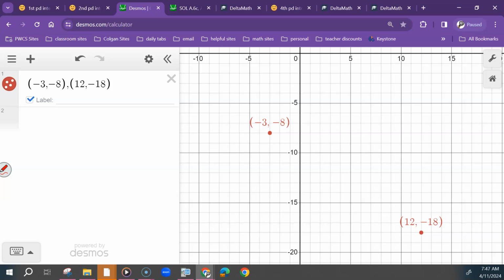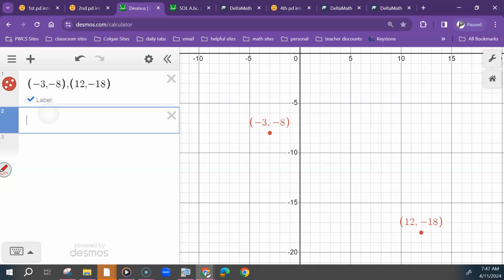Okay, and then I have to count the slope. So I'm going down 1, 2, 3, 4, 5, 6, 7, 8, 9, 10, over 1, 2, 3, 4, 5, 6, 7, 8, 15. So down 10 to the right 15.